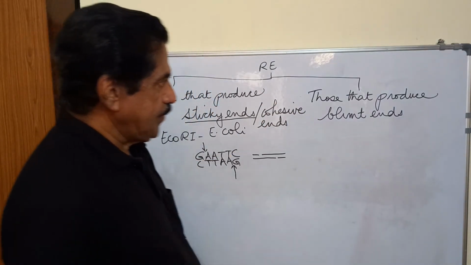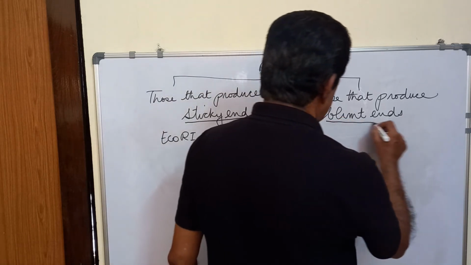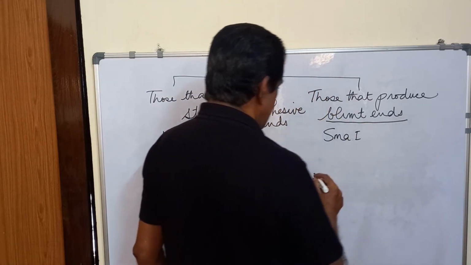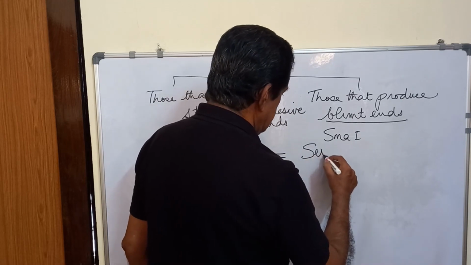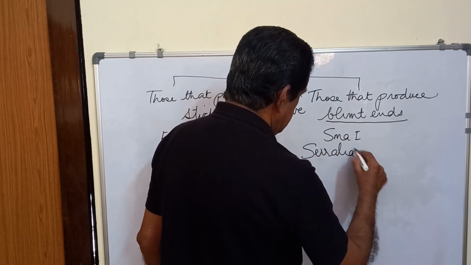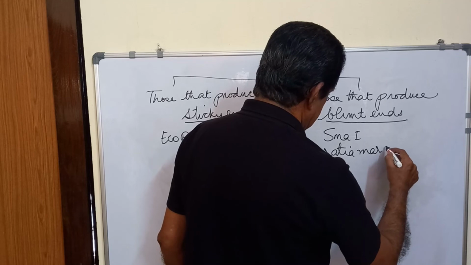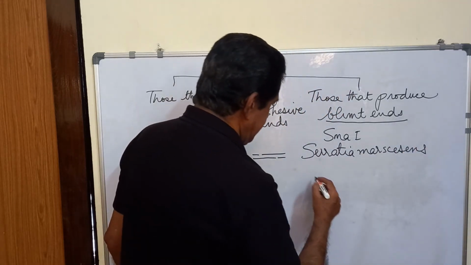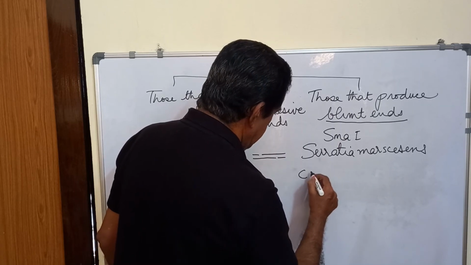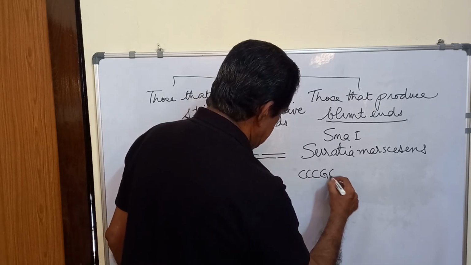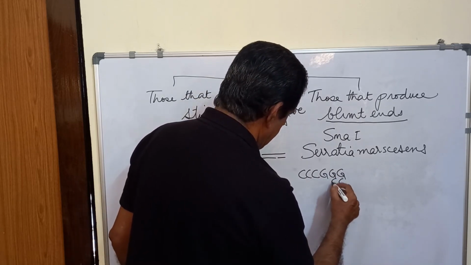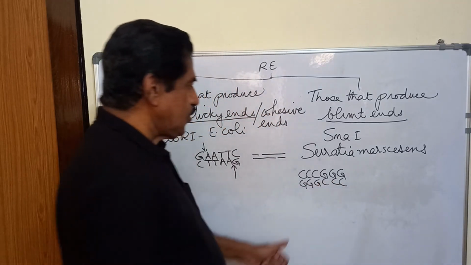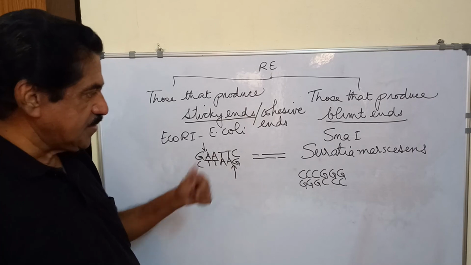Now let us look at those enzymes that produce blunt ends. Example, SmaI obtained from the bacterium Serratia marcescens. This has the recognition sequence CCCGGG. But it is not going to cut the DNA like this.